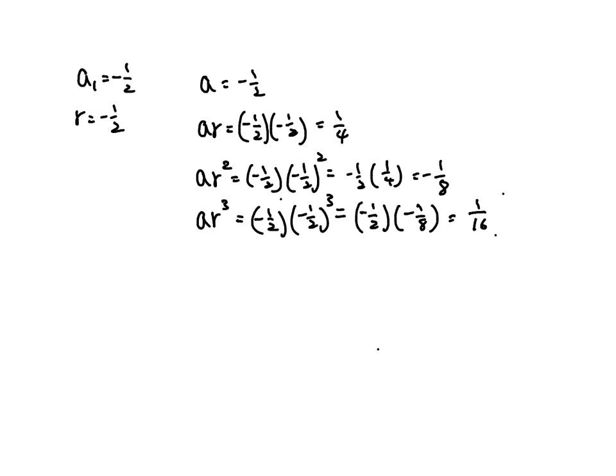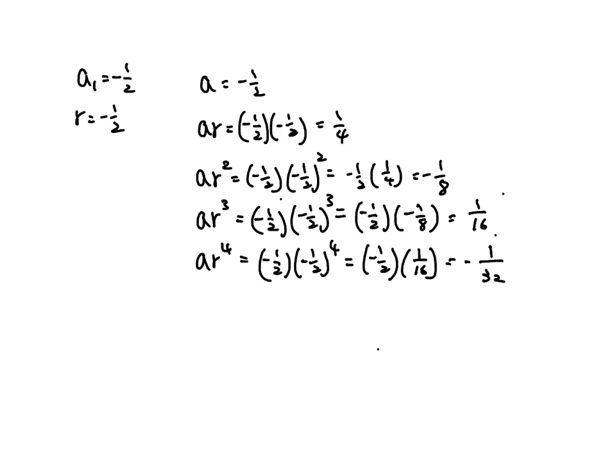And the fifth term, negative 1/2 times negative 1/2 to the fourth power, so that's negative 1/2 times 1/16, which is negative 1/32. So the geometric sequence in this case will be negative 1/2, comma 1/4, comma negative 1/8, comma 1/16, comma negative 1/32.